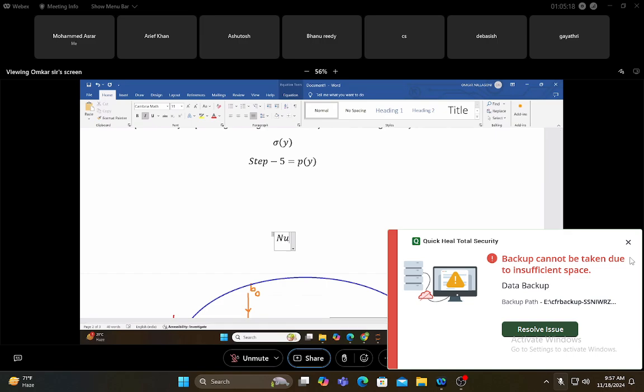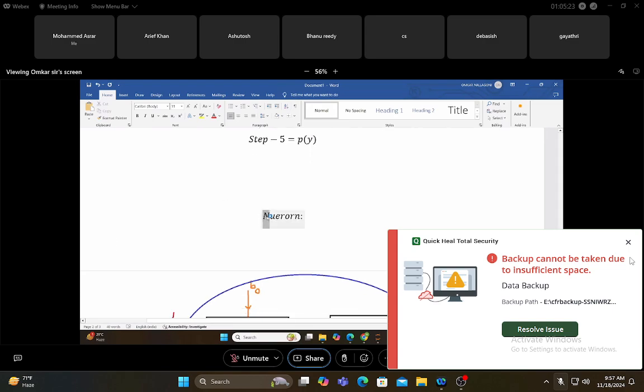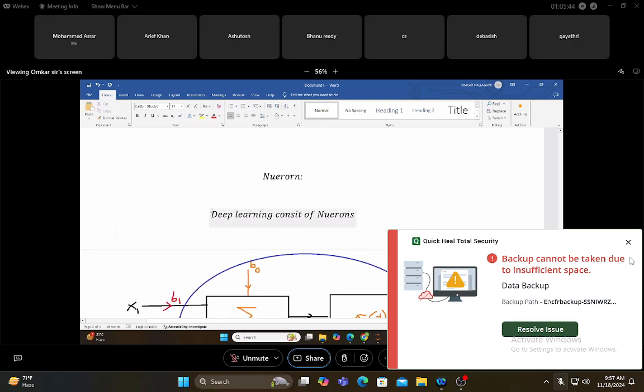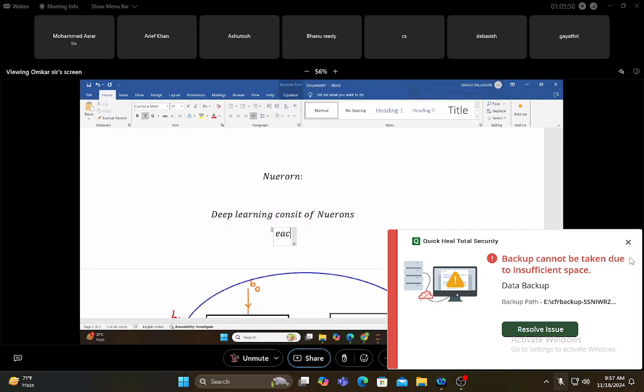Deep learning consists of neurons. Not only one neuron, there will be many neurons available. Each neuron is represented with a round circle.